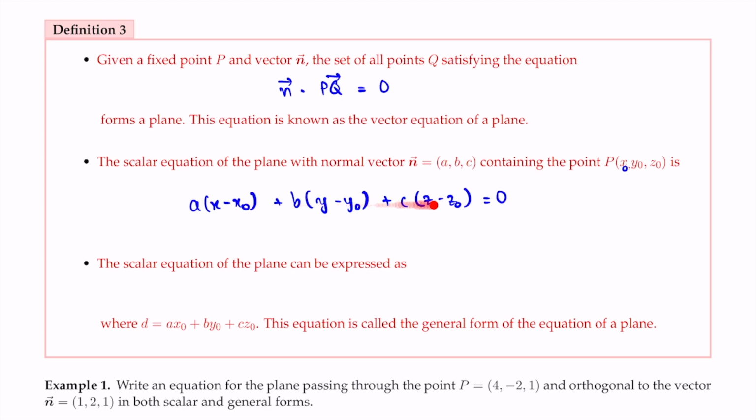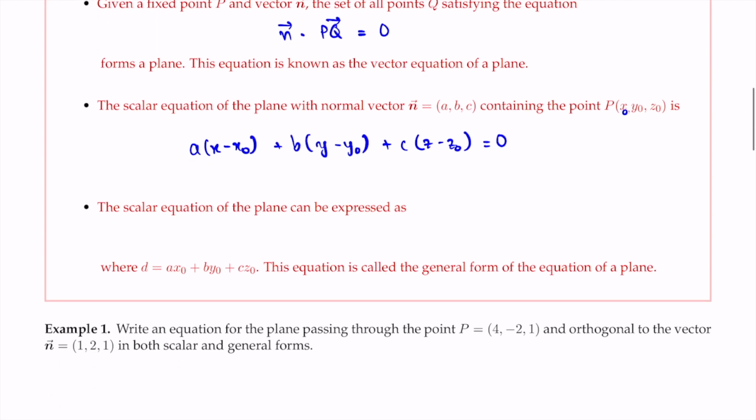And from the scalar equation, you can manipulate the equation and arrive at the form ax plus by plus cz equal to d. And this equation is called the general form of the equation of a plane, or a linear equation of a plane, or the general linear equation of a plane, where d is equal to ax0 plus by0 plus cz0.